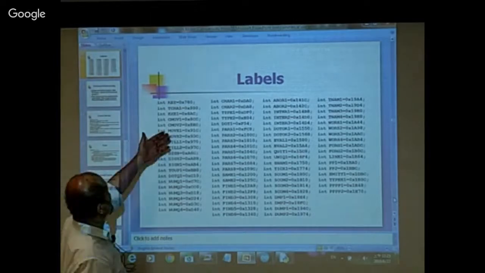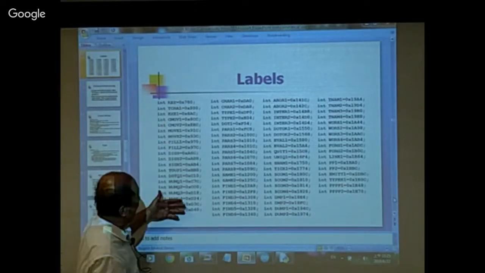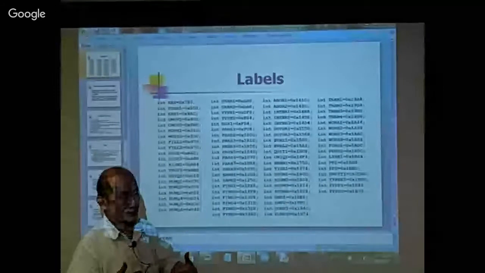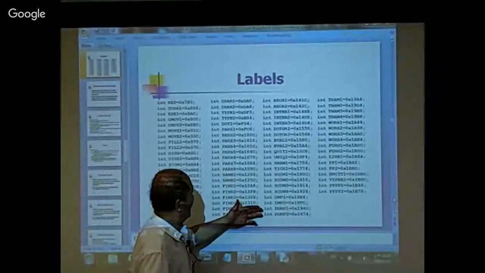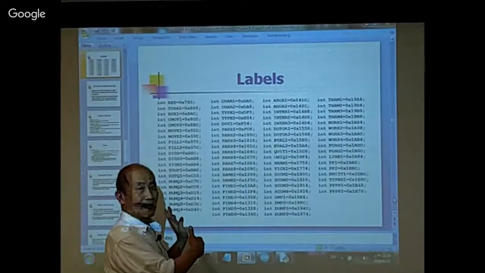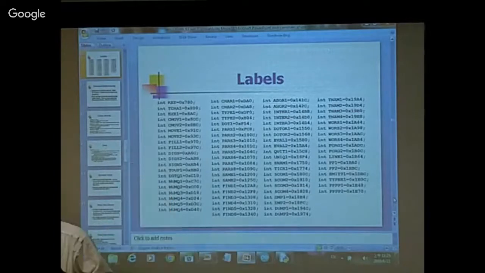So I have the list of all the labels, and when I get all the correct values, I just copy them out and put them in Excel and use Excel to align the fields, and then use Word to put in the square, the equal sign, and int in front. So there's a lot of manual labor involved.